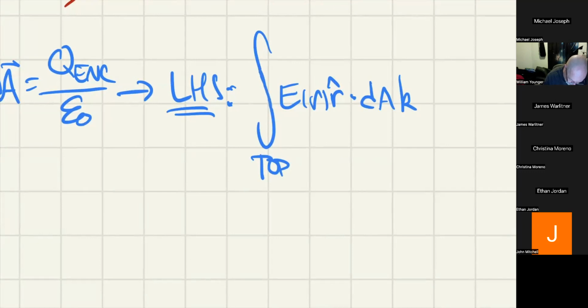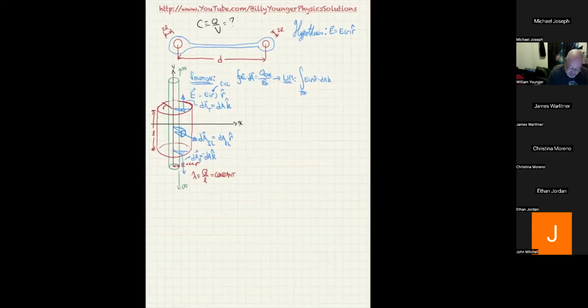Okay, so that's just for the top. Now there's going to be plus an integral of E of r r hat dot dA r hat, and that one's for the soup label. So I'll just subscript that soup label.